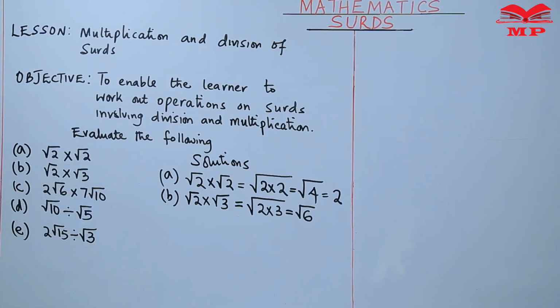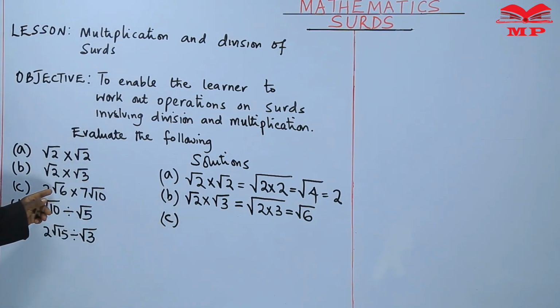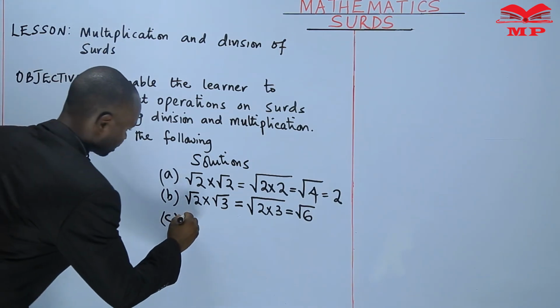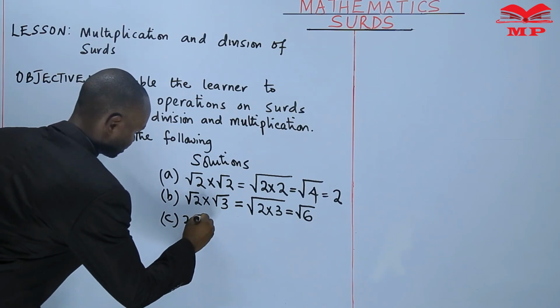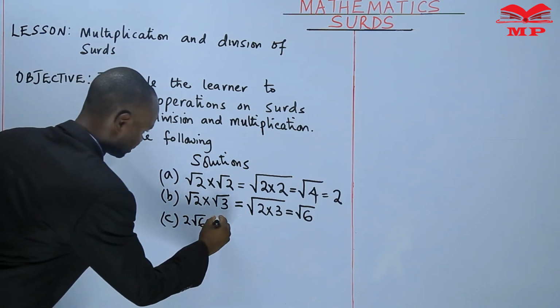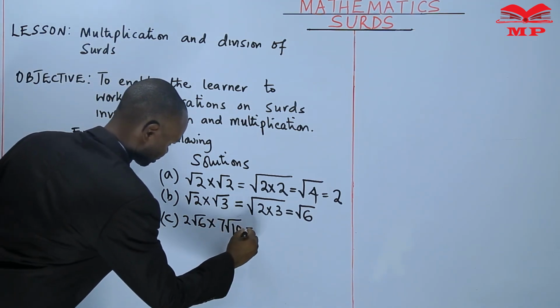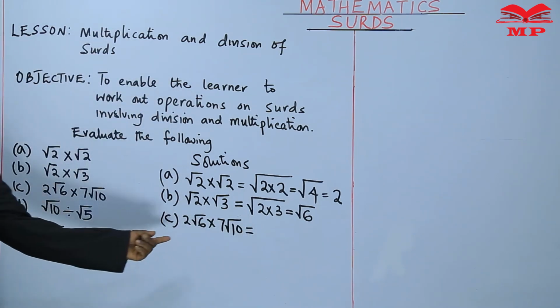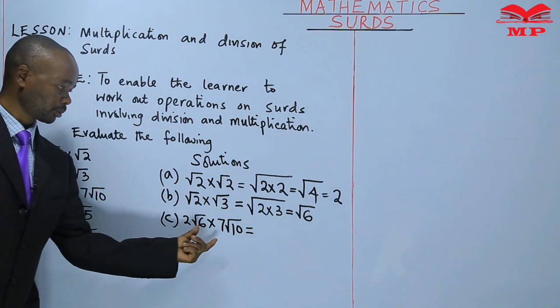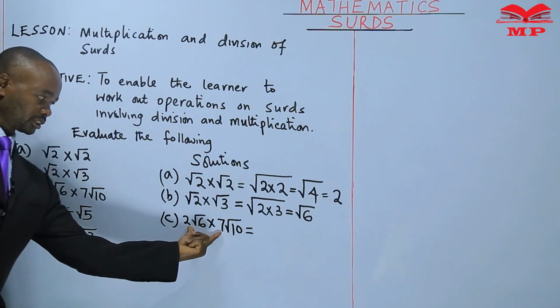We come to C, which looks a bit different, learner. We have 2 square root of 6 times 7 square root of 10. So what will happen in such a case? You pull together the numbers that are not in the root sign.